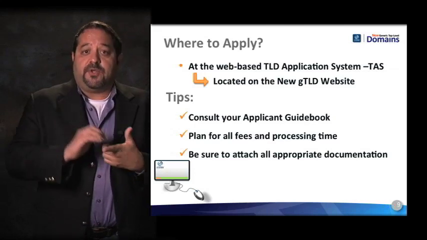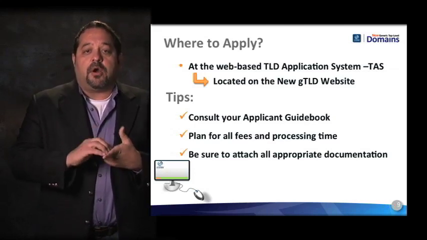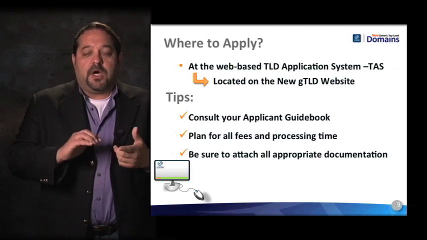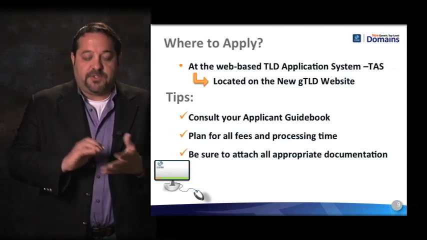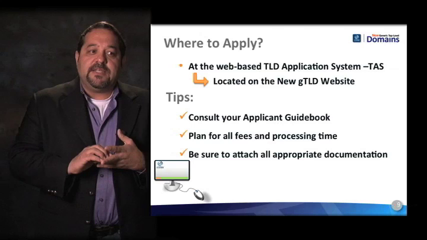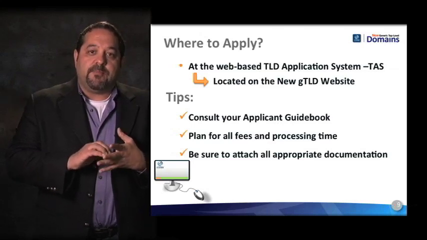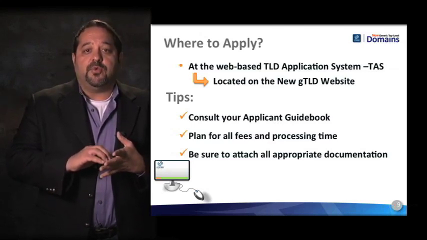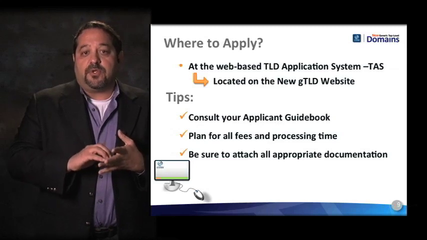In addition, once you're in the TLD application system, there are online help screens that will guide you through the process. What's important to note here is that there are limitations to the amount of information you can provide for certain questions.